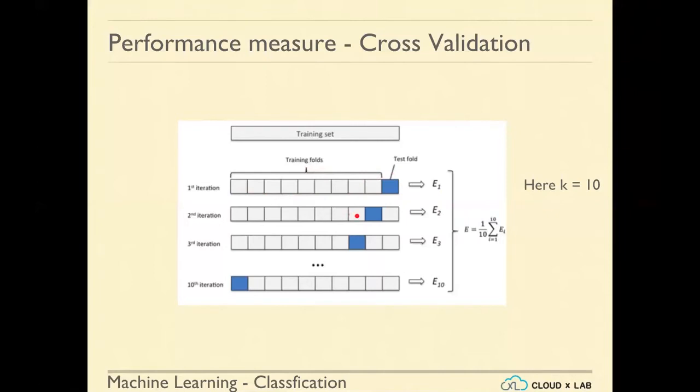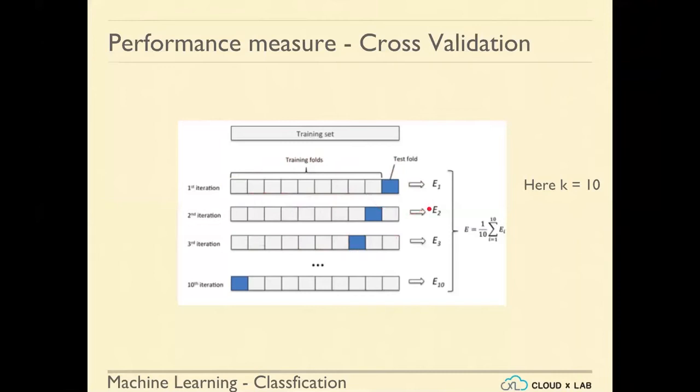Then again, we trained on this as well as this and tested on this. Then a new model, the same algorithm initialized again, is trained on these parts and tested on this. This way, we are testing on data unseen by the model, and that's how we do that.